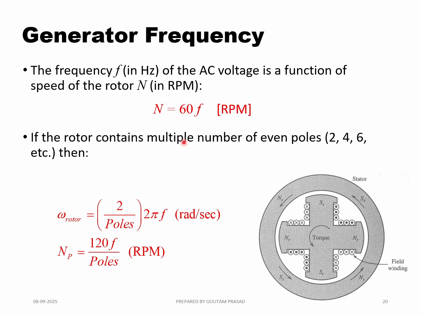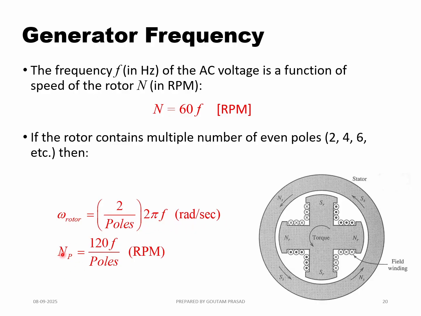The rotor contains multiple even numbers of poles. It could be 2 pole, 4 pole, 6 pole, etc., or 8 pole or 10 pole. And then omega of the rotor is equal to 2 divided by poles, that means 1 by pair of poles multiplied by 2 pi f radians per second.